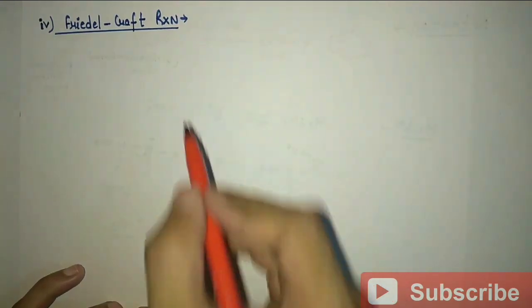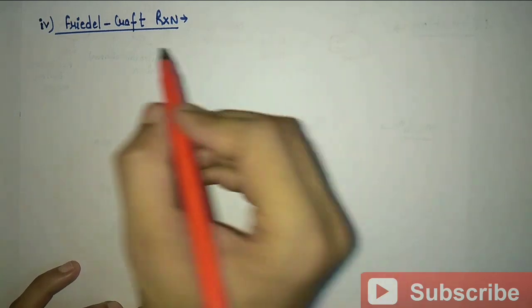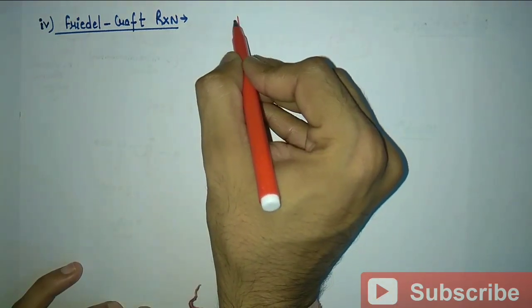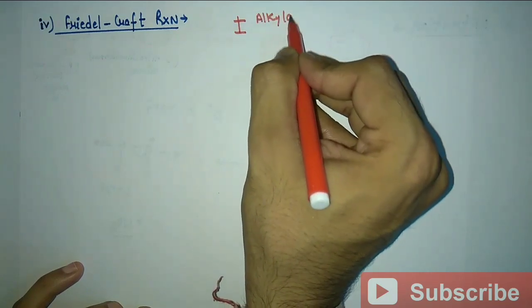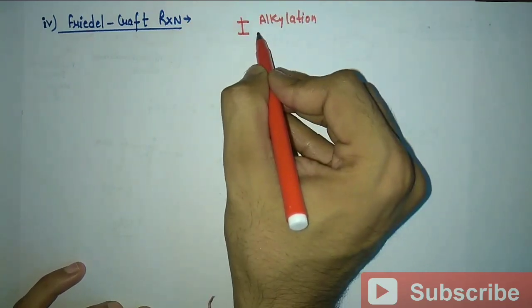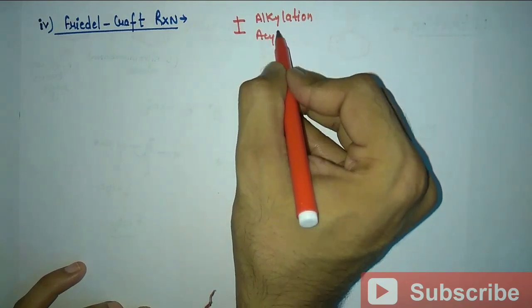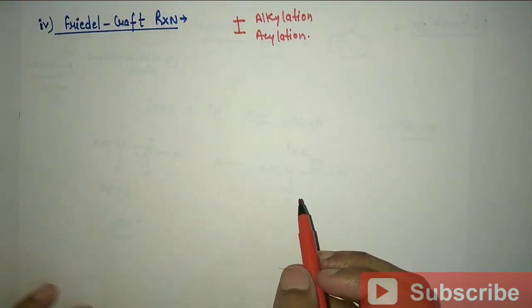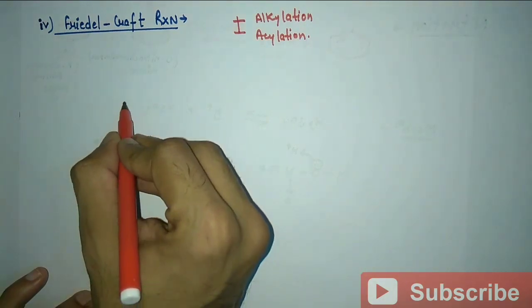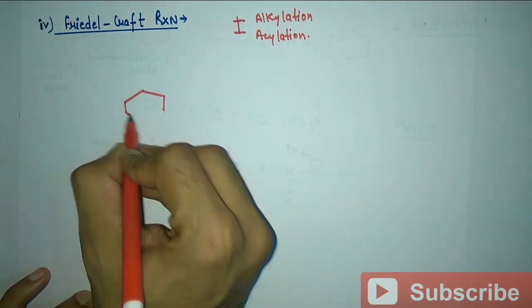Now let's talk about the Friedel-Crafts reaction. As I have already told you, it is of two types: Friedel-Crafts alkylation reaction and Friedel-Crafts acylation reaction. Now let's talk about the Friedel-Crafts alkylation reaction. What happened in the case of alkylation? This is our chlorobenzene.